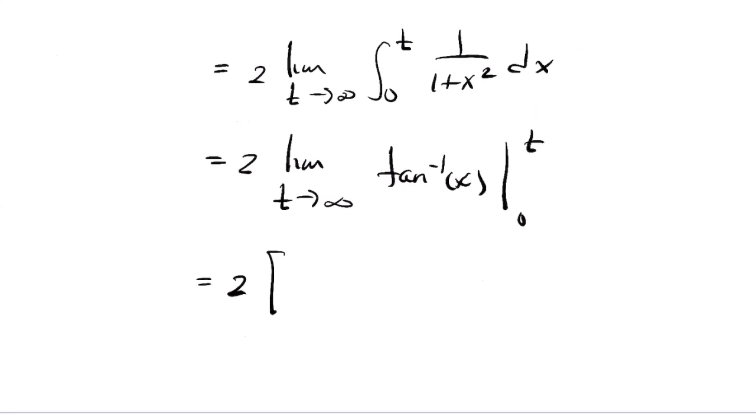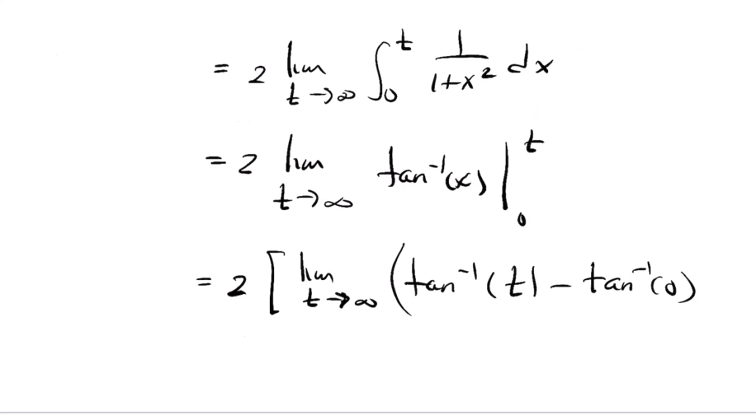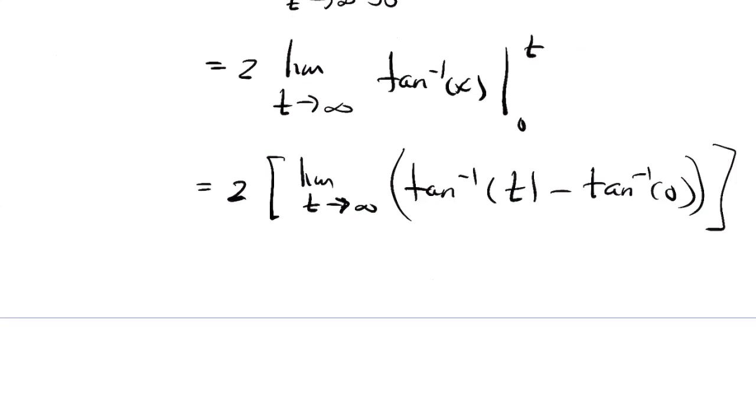So this is 2 times the limit as t goes to infinity of the arctangent of t, inverse tangent of t, minus the arctangent of 0. The limit as t goes to infinity of the arctangent of t is pi over 2, and the arctangent of 0 is 0. So 2 times pi over 2 is pi.